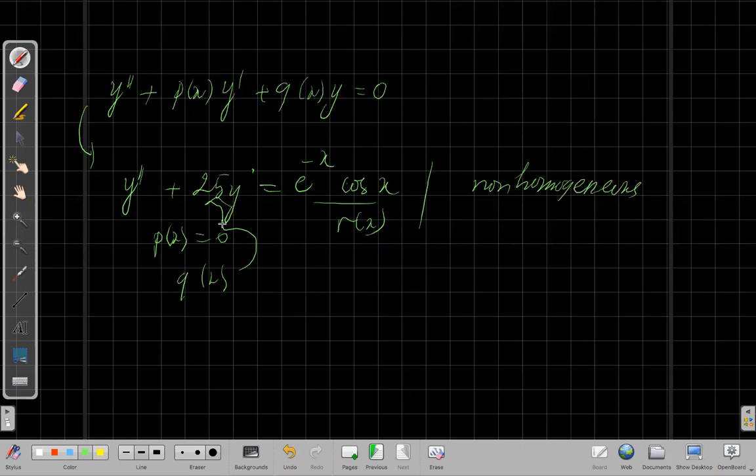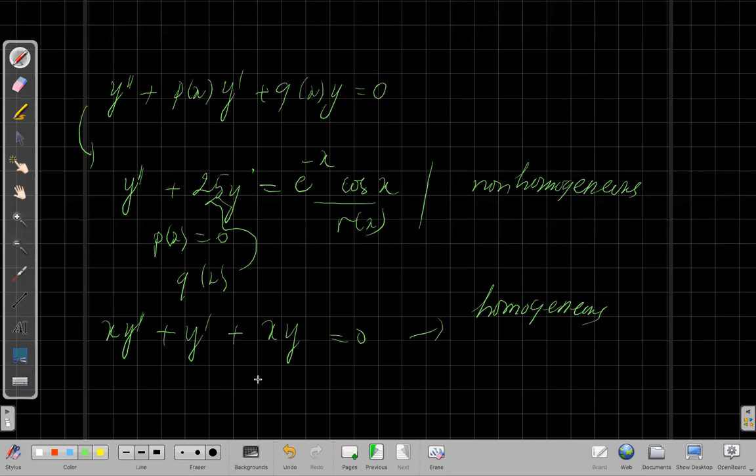Homogeneous. For example, if we have x y double prime plus y prime plus x y equal to 0, this means we have a homogeneous equation.